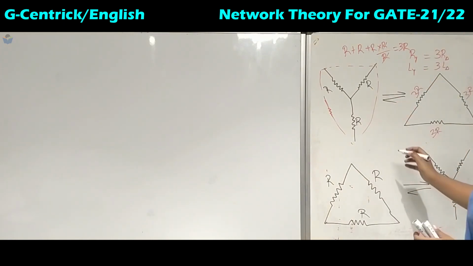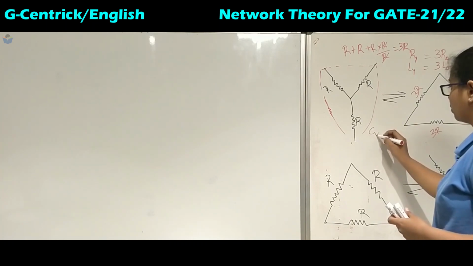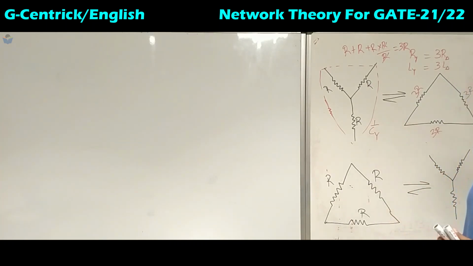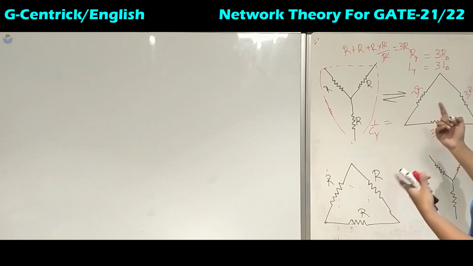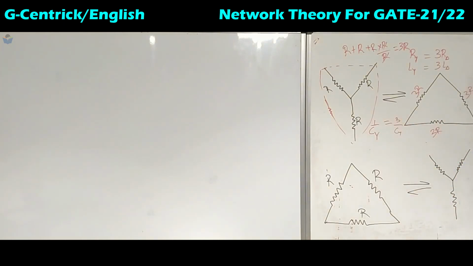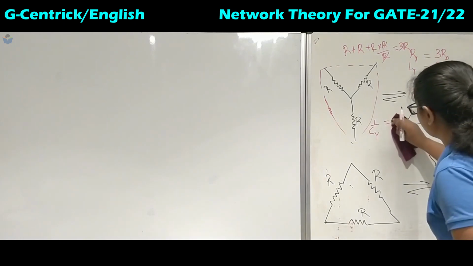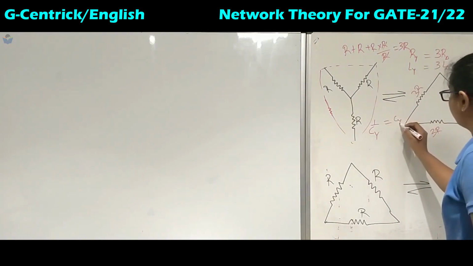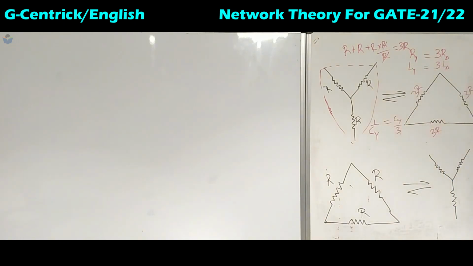But for the capacitor, if you want to convert it, it is 1 by Cy, nothing but again 3 upon Cy. Sorry, this is Cy upon 3. Okay, so that is the conversion from star to delta. So this prefix is different.